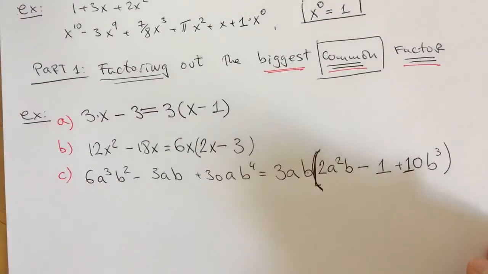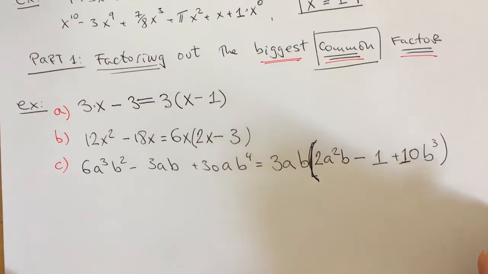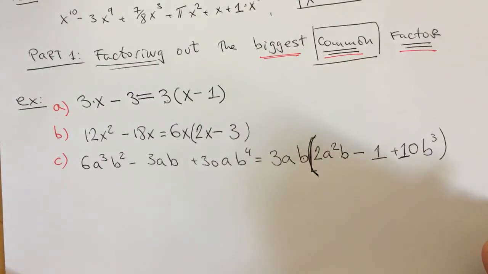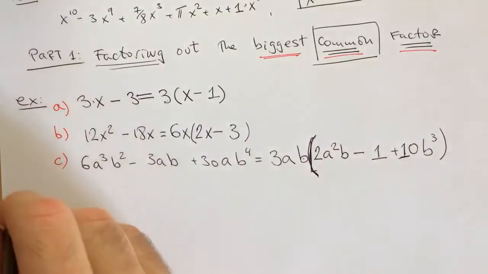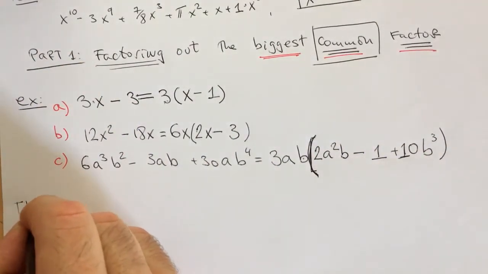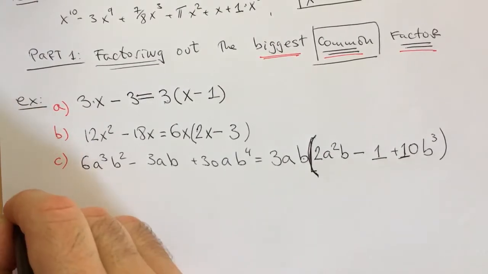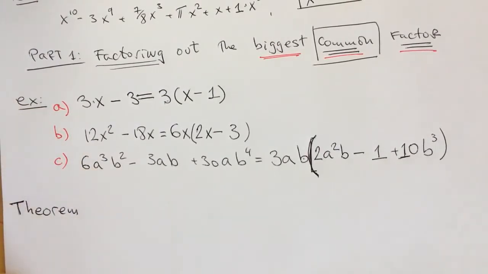Okay, so let me just show you how we're going to solve equations by factoring. And now it is very important for you guys to solve quadratic or cubic and so on equations in the following way, by factoring.